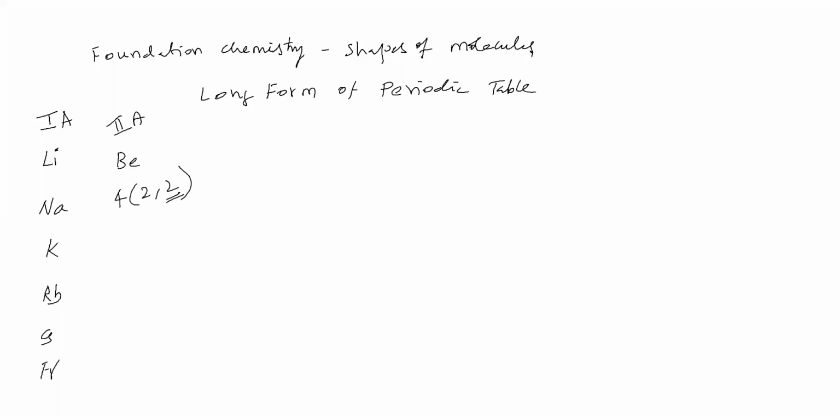The elements in the 2A group are beryllium, magnesium, calcium, strontium, barium, radium.